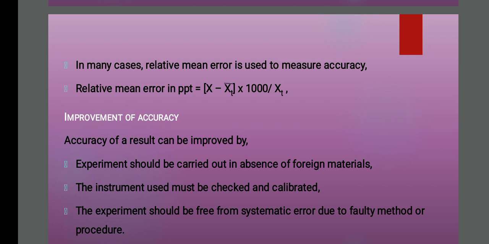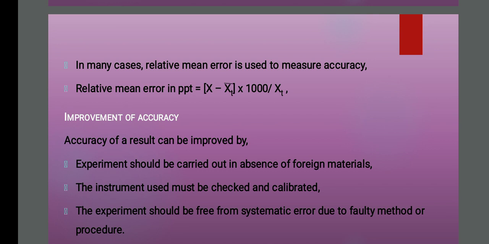How to calculate this relative mean error? The formula is x bar, the mean, minus the true value, divided by the true value, into 1000. I'll repeat. Relative mean error is x bar minus xt divided by xt into 1000.